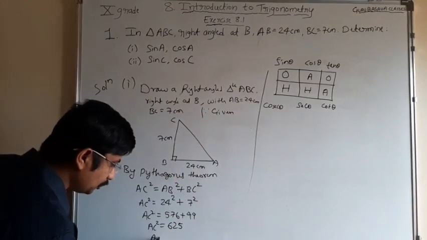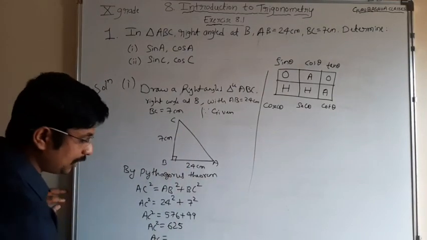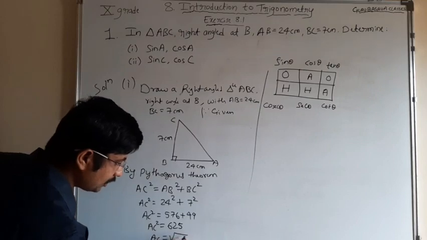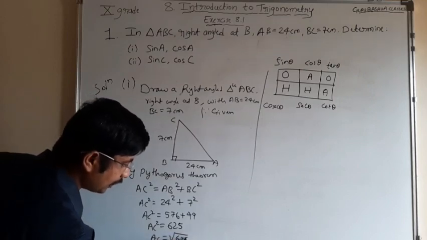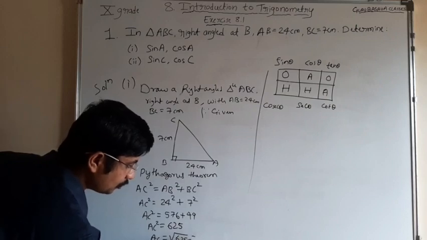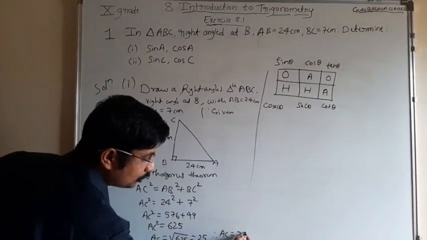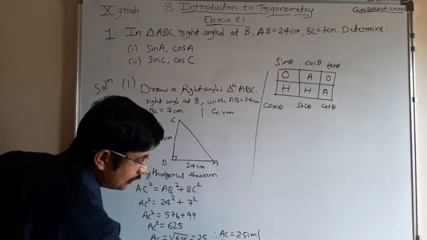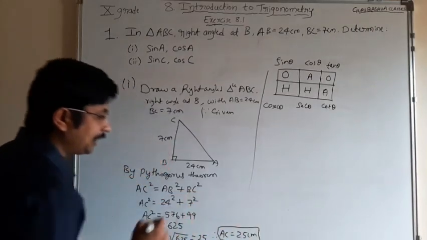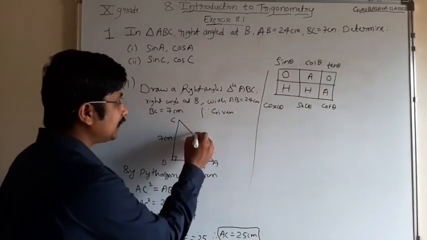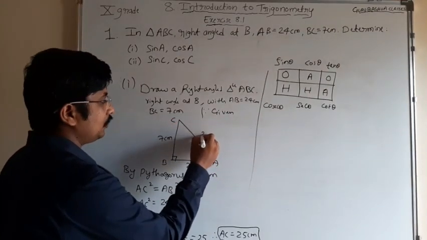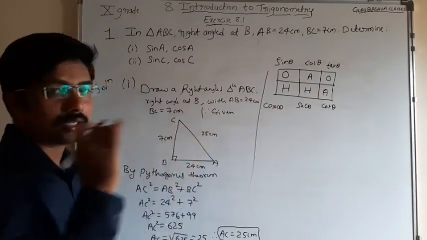Therefore, if you transpose the square to the RHS it becomes a square root: AC is equal to square root of 625, which is 25. Therefore, AC is equal to 25 centimeter. With the help of Pythagoras theorem, we got the third side length, that is 25 centimeter.